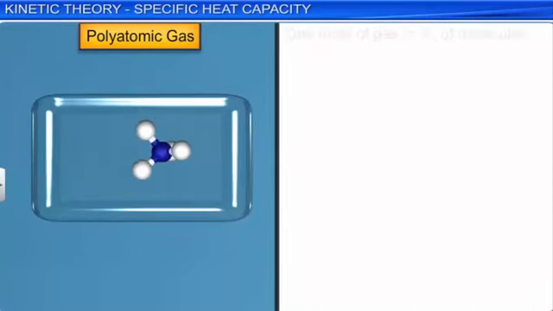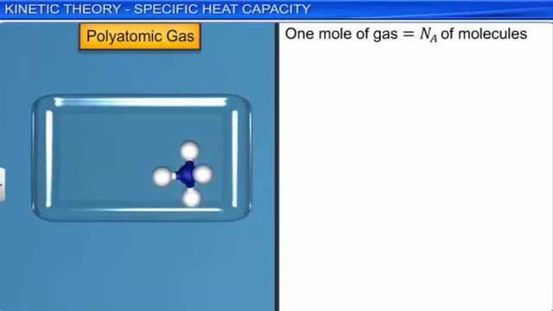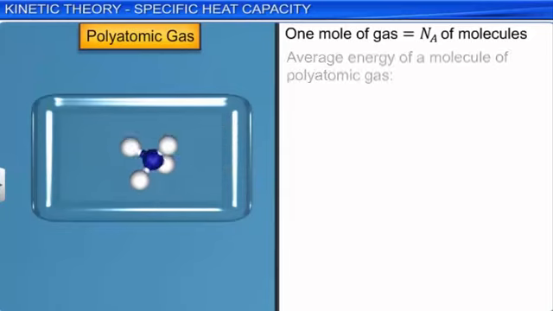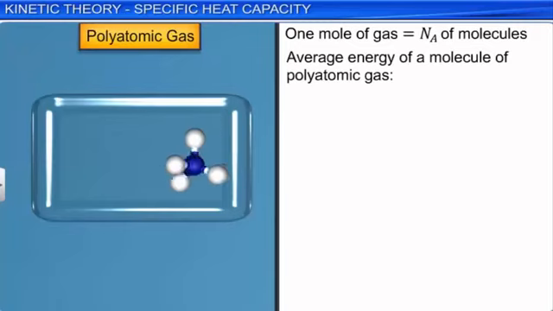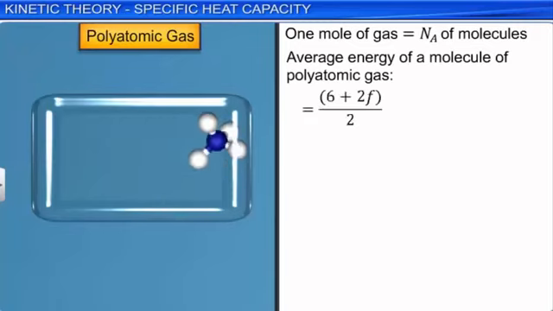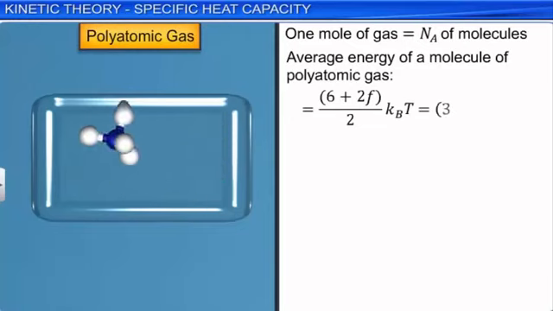1 mole of gas contains Avogadro's number of molecules. According to the law of equipartition of energy, the average energy of a molecule of a polyatomic gas is equal to (6 plus 2f)/2 times kBT, which is equal to (3 plus f) times kBT.